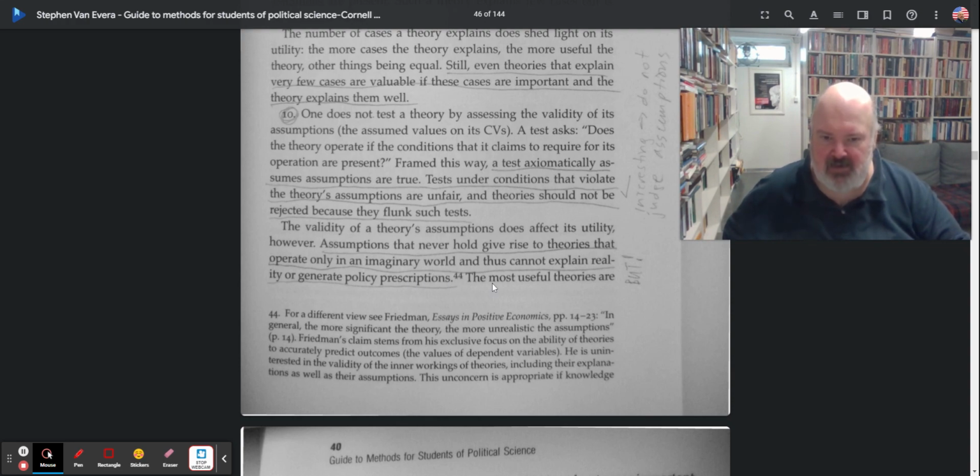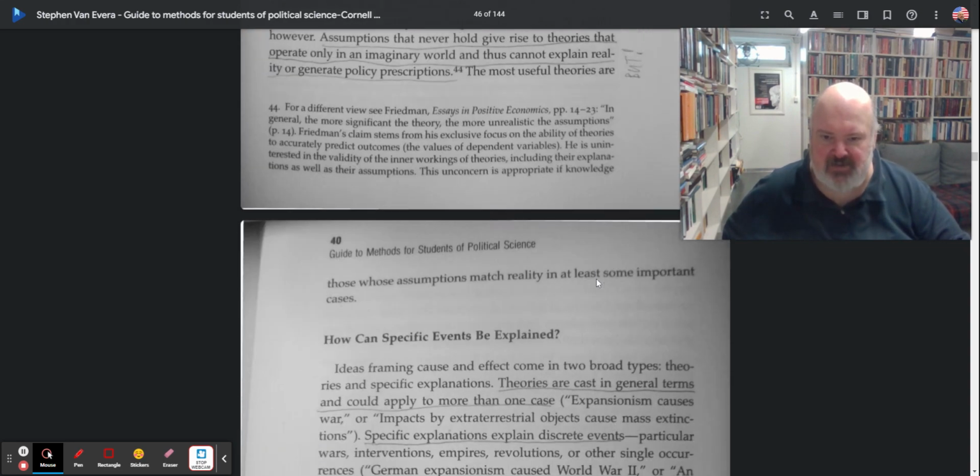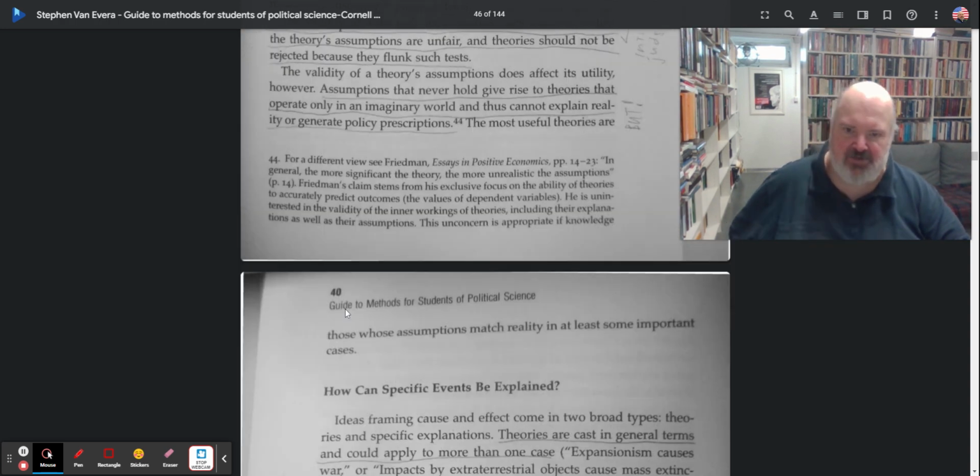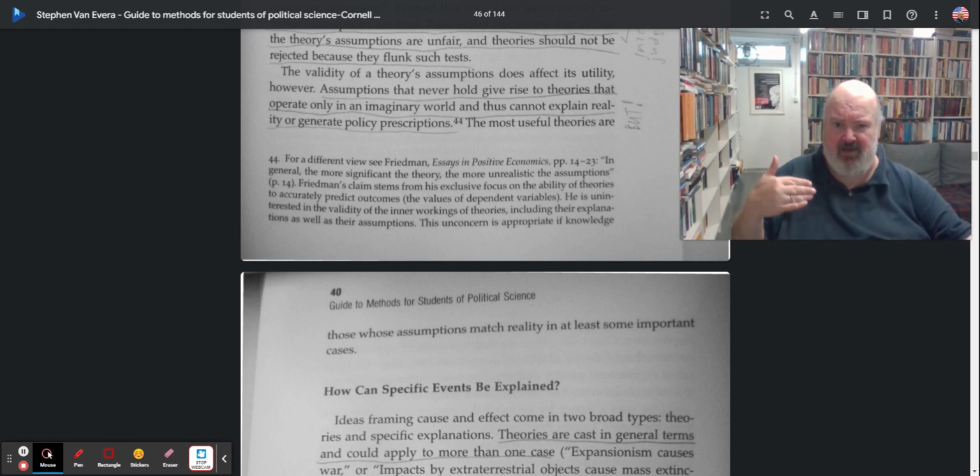But the most useful theories are those whose assumptions match reality in at least some important cases. So therefore, we shouldn't dismiss it, right?